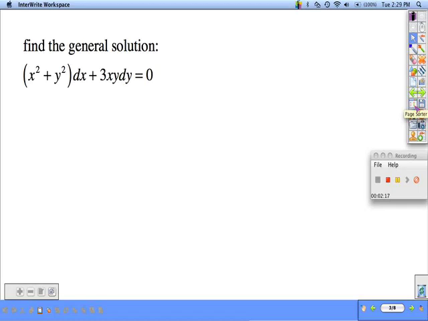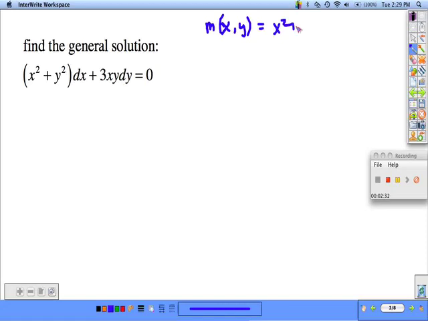So we want to find the general solution here. First, we have to look at whether or not M and N are homogeneous. So we start with function M, and then we plug in tx and ty.